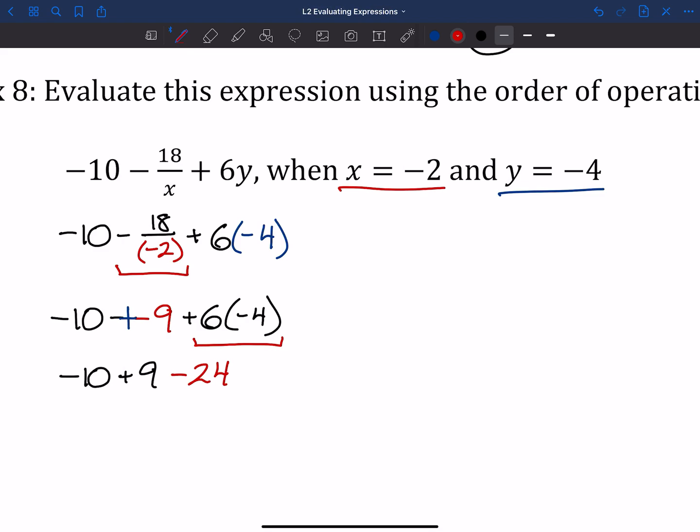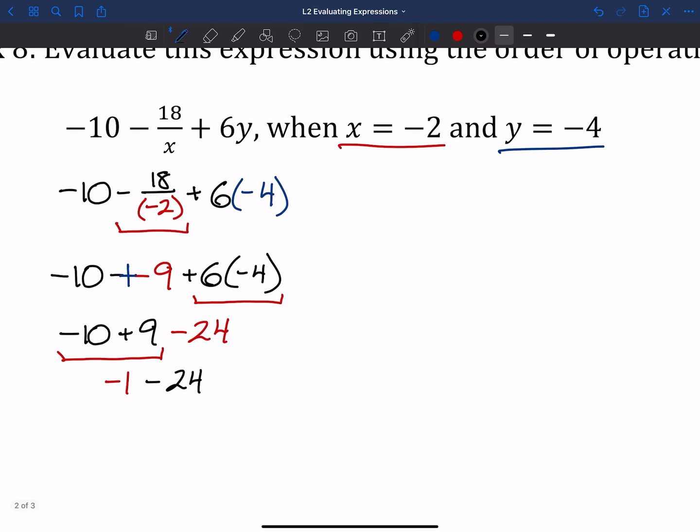After that, it's just adding and subtracting. So we'll smush those first ones together. Negative 10 plus 9 brings us up to negative 1. So if I'm down a floor at negative 1 and I go down 24 more, what I'm going to find is that I am at negative 25.